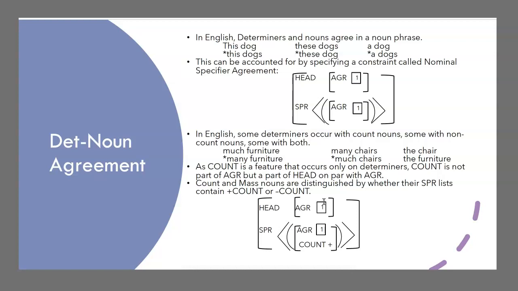If I say two dogs, the word two will have AGR number plural and count plus. And that is what we need here. Count plus is there and AGR which matches with whatever. So you need to have a plural NP here which will match with that count. So your two will have AGR value number plural, count plus. This is your word two, and cats will have a plural value here.